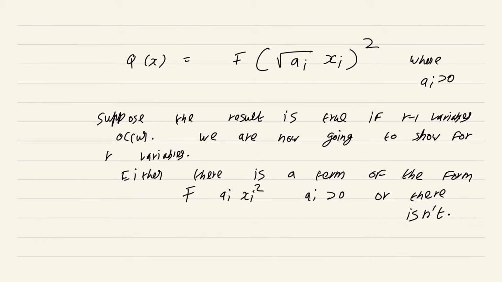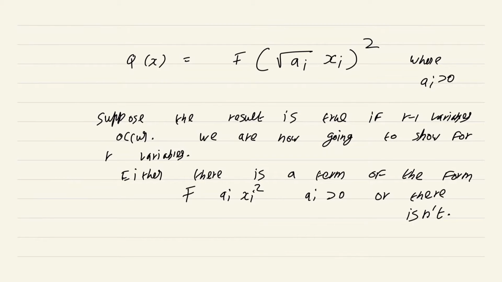These are the only two possibilities. Either some term is a square or none of the terms are squares, and every single term in this quadratic form is nothing but a mixed term of the type xi xj with some constant appearing in front.